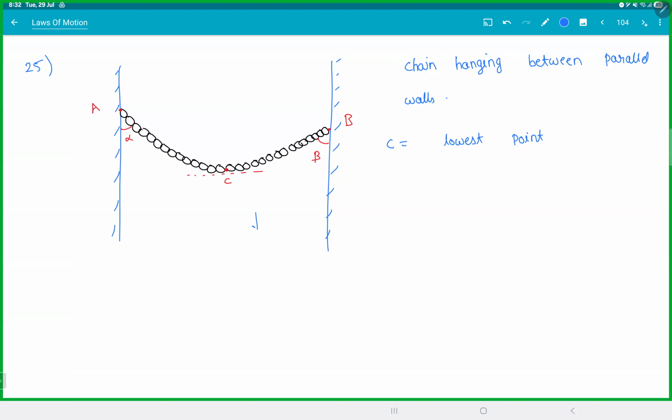Gravity is there. M is the mass of the chain. Find the tension at A, B, C.